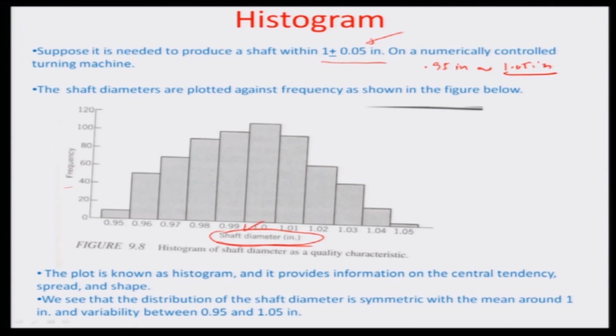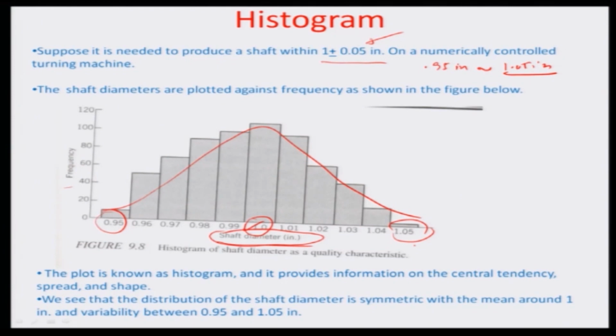If there is a deviation in the central tendency or even the spread of this distribution, the spread being how far from the mean the two ends of the whole spectrum of shaft diameters are, then you need a process control. So that is how you represent the different dimensions in a histogram.